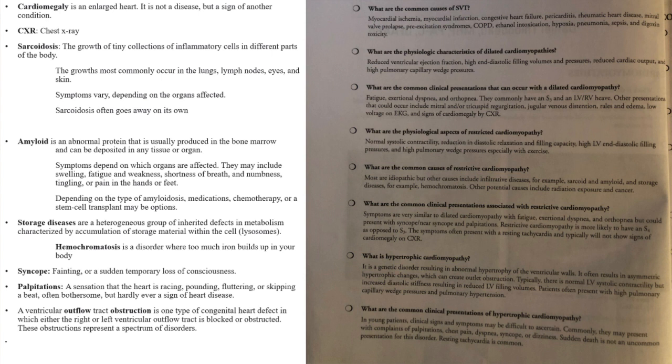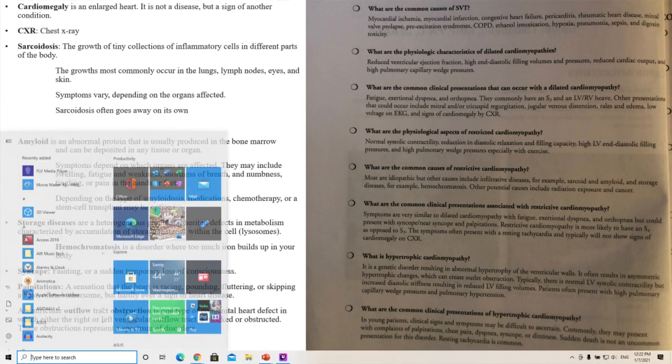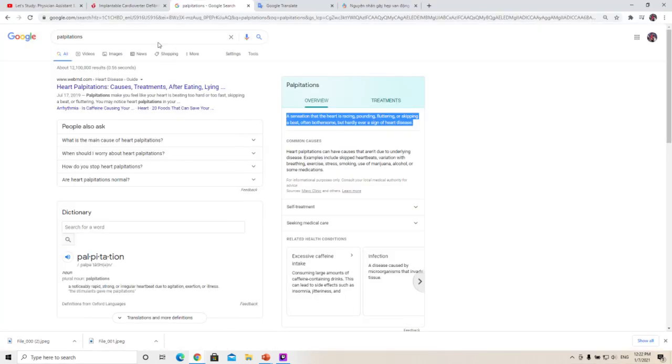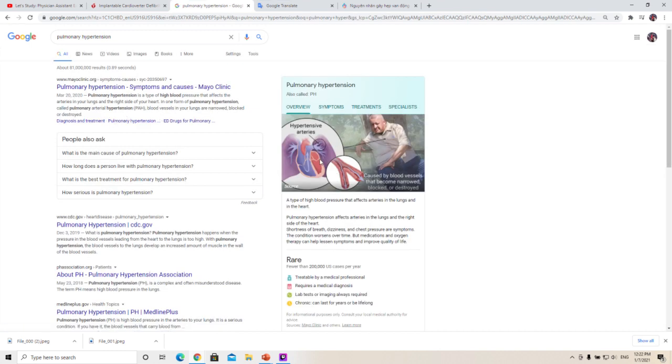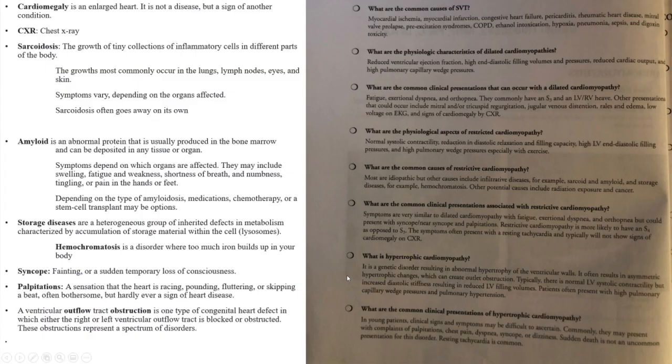I think they're talking about the pulmonary branch. Pulmonary hypertension affects arteries in the lungs and the right side of the heart. Okay, that makes sense.